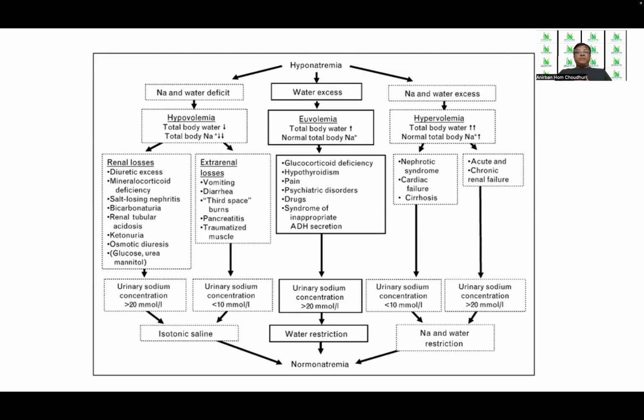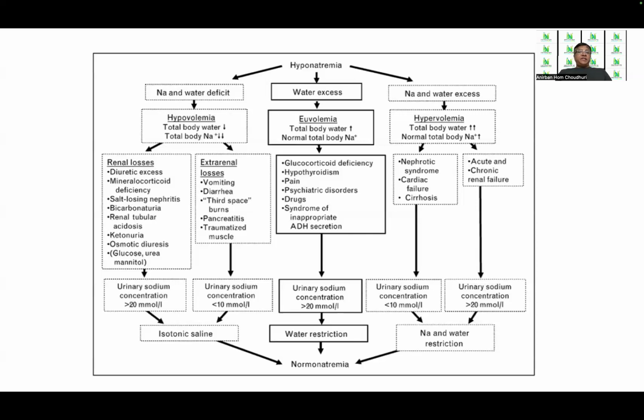Therefore, whenever there is hyponatremia, it is very important to distinguish whether there is both water and sodium deficit, or there is water excess, or there is both sodium and water excess. And accordingly, it can be hypovolemic hyponatremia, euvolemic hyponatremia, or hypervolemic hyponatremia.